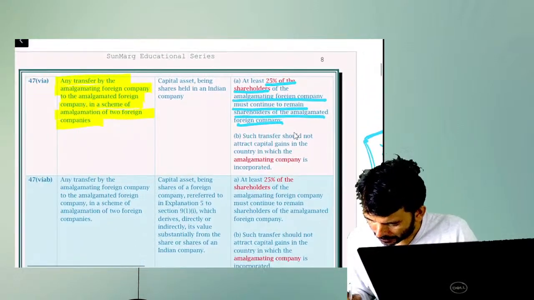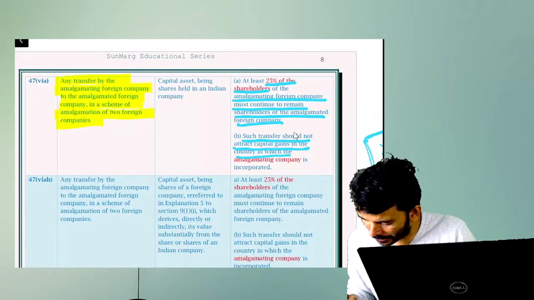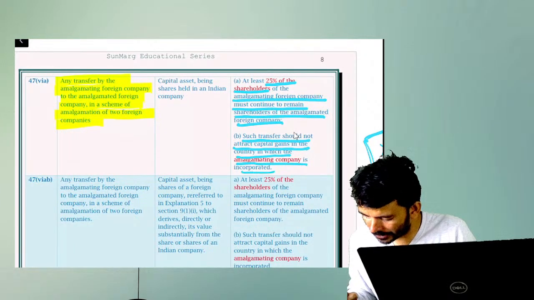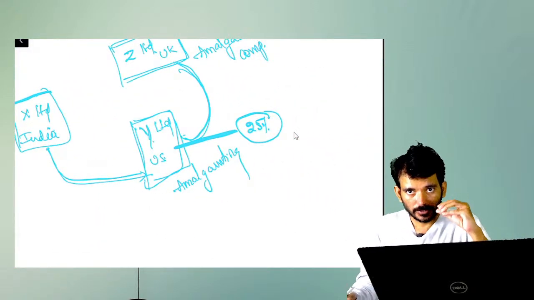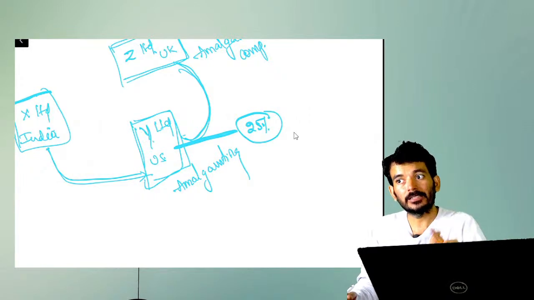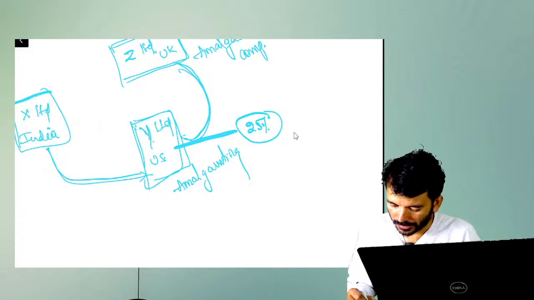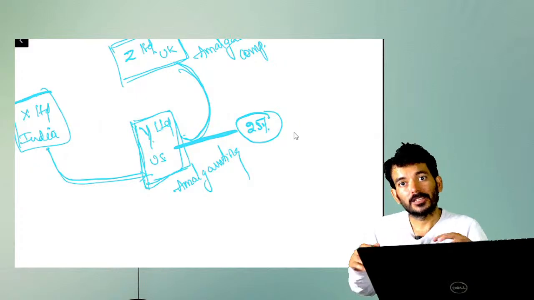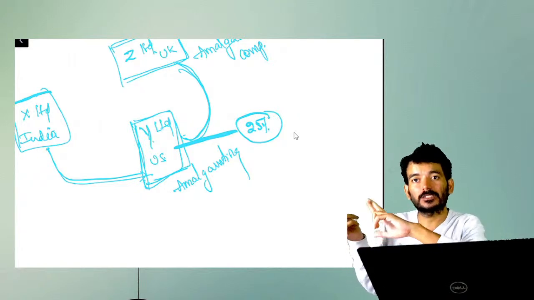Such transfer should not attract capital gain in the country in which the amalgamating company is incorporated. That is, there should be no tax provision for this kind of transaction in the country in which the amalgamating company is incorporated. That is, in the US also there should be a relaxation for whoever transfers shares outside.